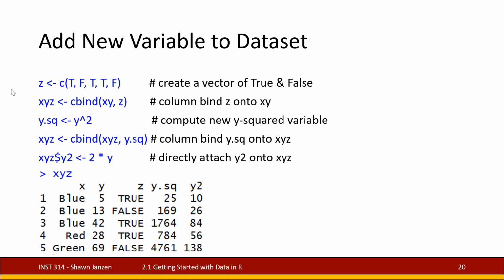So in this case, I've done 2 times Y, and that is taking the column Y, multiplying it by 2, and assigning it to a new column called Y2. So now when I call XYZ, I see my X, my Y, and my Z, but I'm also seeing Y.sq for the squared values and Y2 for the Y times 2 values there onto everything.